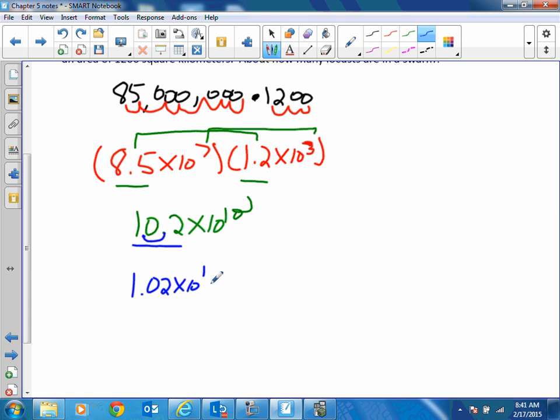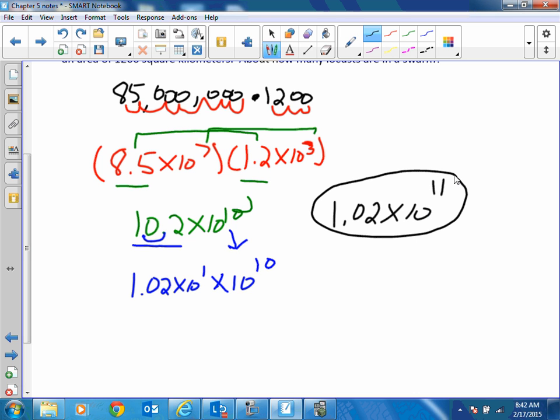And then we still got times 10 to the 10th, which is just from over here. Okay? So then, basically our answer is just, what's 1 plus 10? Because we multiply, we add the exponents, it'd be 11. So our answer would be 1.02 times 10 to the 11th.